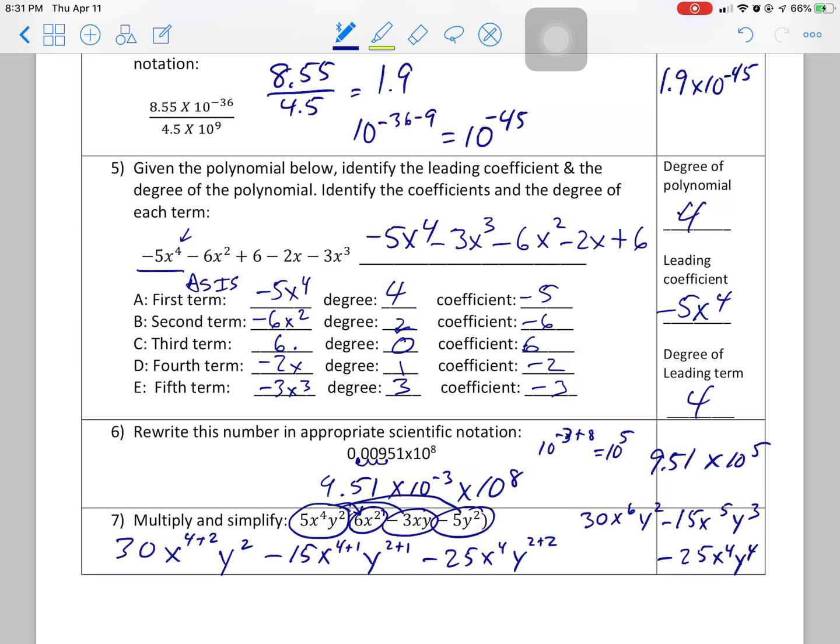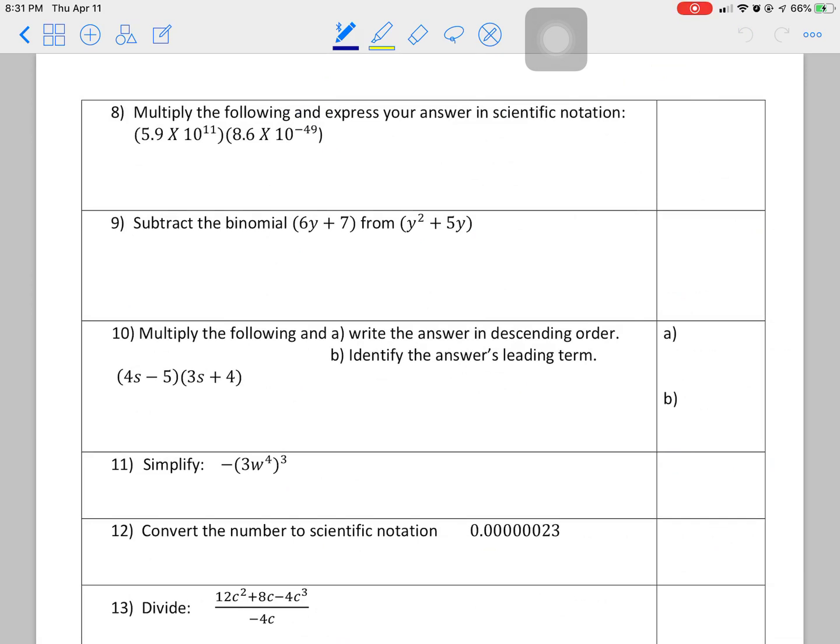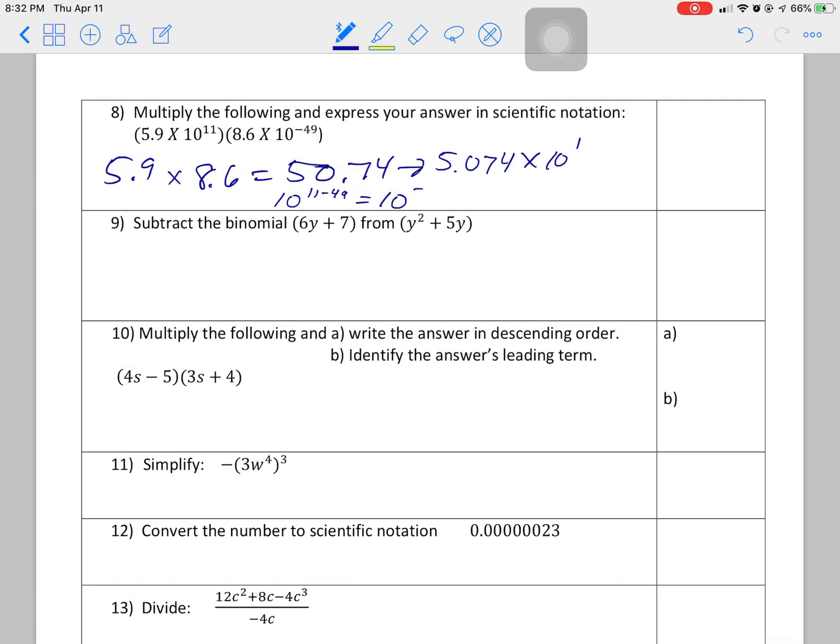Let's do a couple more here. 5.9 times 8.6 is 50.74. 50.74 is 5.074 times 10 to the 1 power. And then 10 to the 11 minus 49 equals 10 to the negative 38.